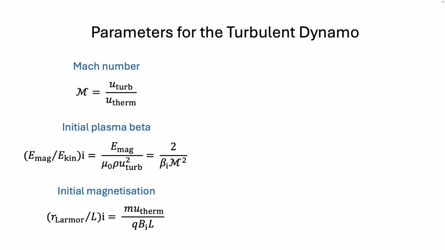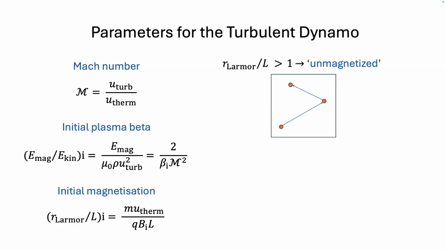And finally, you have the initial magnetization. This is not something you would care about if you did collisional systems, but when the plasma is magnetized, then you start caring about the Larmor radius and how big or small the Larmor radius is compared to the computational box itself. So the plasma itself looks very different. If the number is greater than 1, this means that the particle itself moves from here to there. It can get a drift, it can get a turbulent kick, and it just moves.